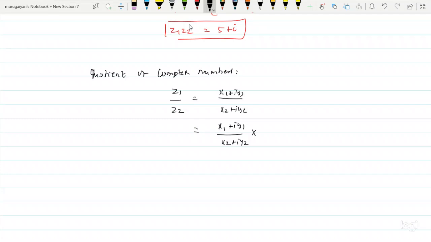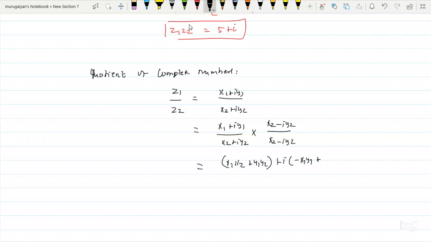Then what is the rationalization factor of x2 plus iy2? It is x2 minus iy2, so multiply by x2 minus iy2 on top and bottom. If you multiply the numerator following the rule, x1 x2 by formula minus, with another minus already, so plus y1 y2 is the real part, and plus i into x1 y2 minus y1 x2.